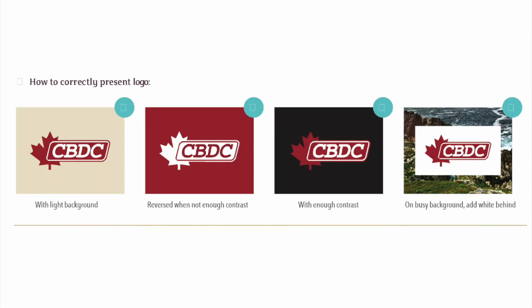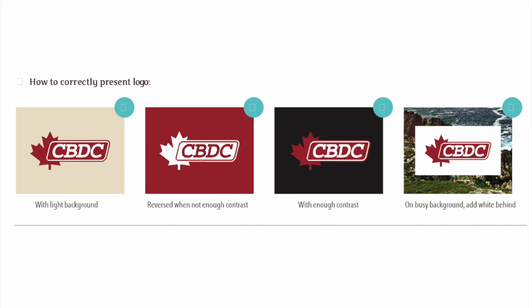Style guides will also show you how to correctly present the logo. This means you have to take into consideration the contrast between the logo and the background that you place it on within your content. In this example, we are showing you that if you were to place our logo on a light background, you should use the red version of the logo.